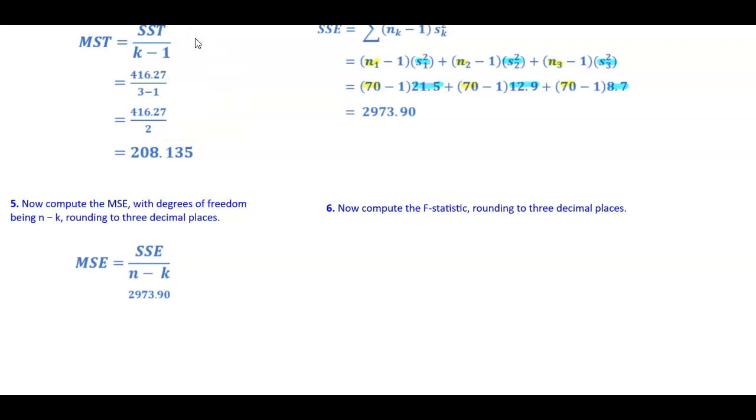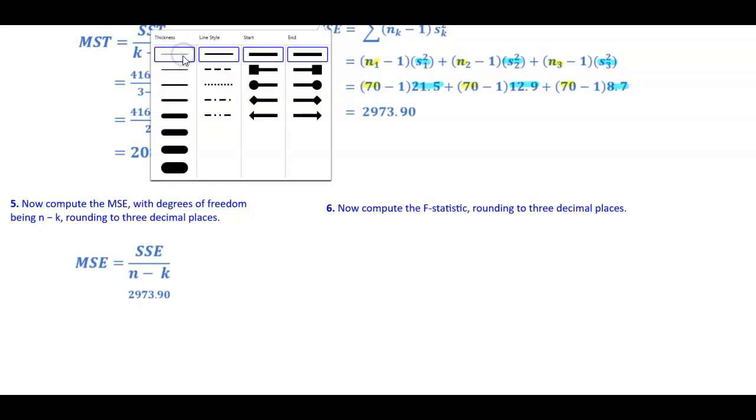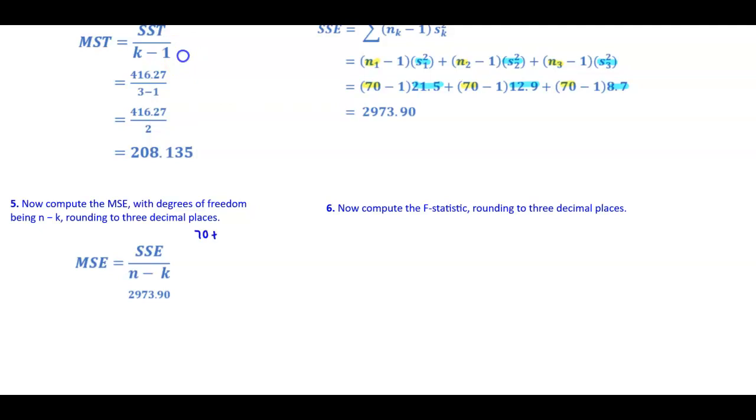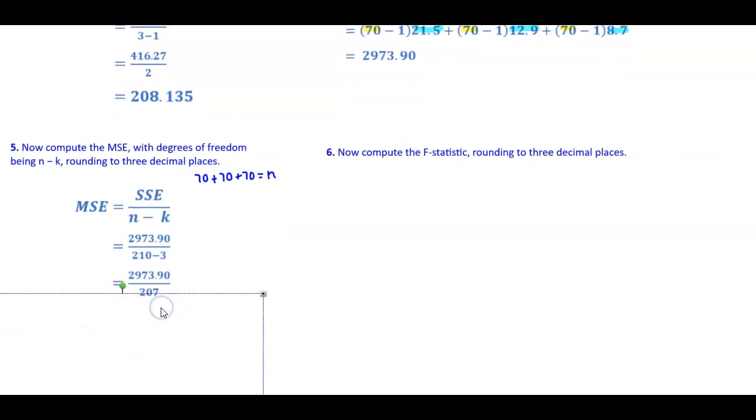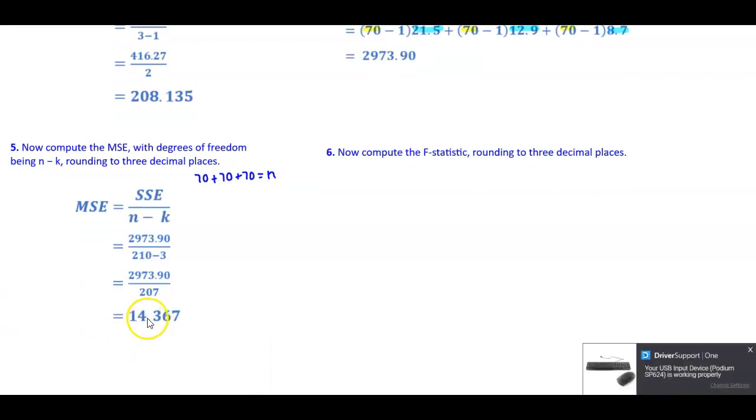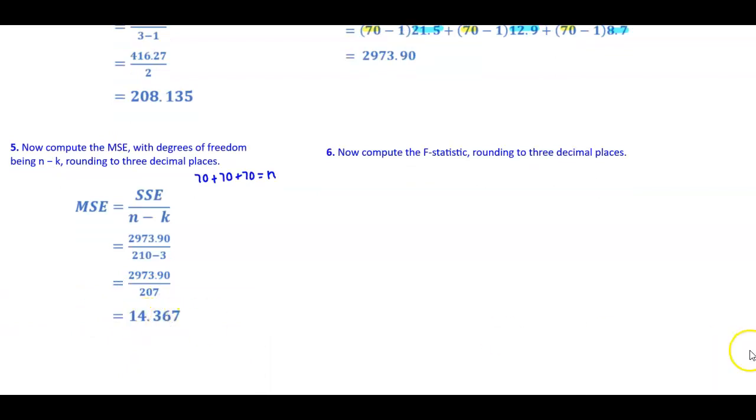So 70 plus 70 plus 70 gives us 210, and then we subtract 3 because k represents 3. So we take 2,973.90 and divide it by 207, and we get the value of 14.367.